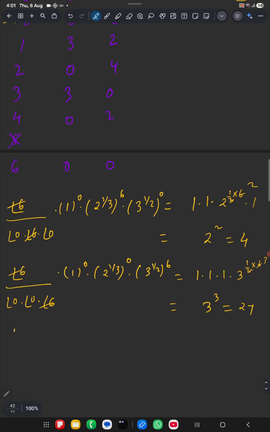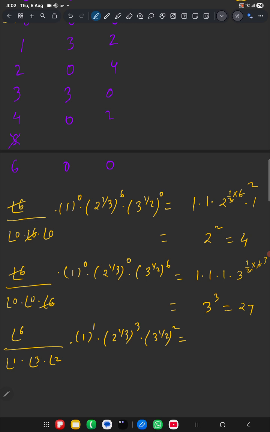The third part will give you factorial 6 over factorial 1 into factorial 3 into factorial 2, and 1 raised to the power 1, 2 1 by 3 raised to the power 3, 3 1 by 2 raised to the power 2. If you simplify it, you can get 6 into 5 into 4 by 2 into 1 into 1 into 2 1 by 3 into 3, into 3 raised to the power 1 by 2 into 2.